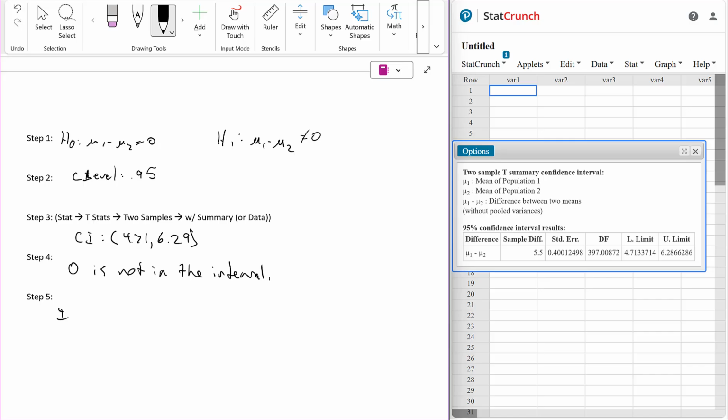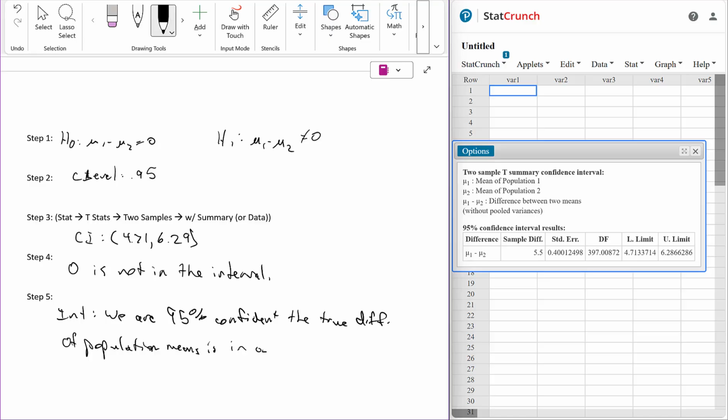For our interpretation, we are 95% confident the true difference of the population means is in our interval, or you can say between those two values we found.